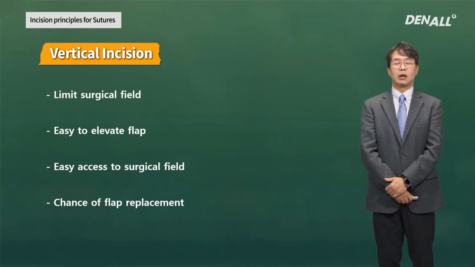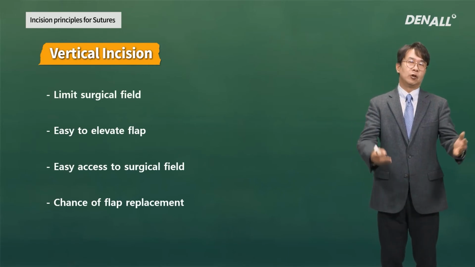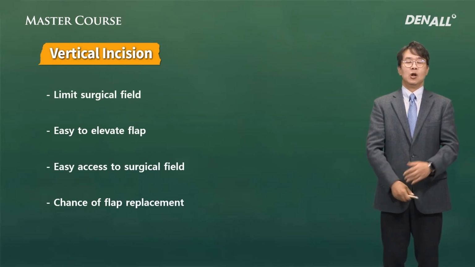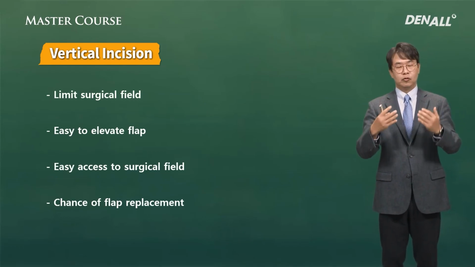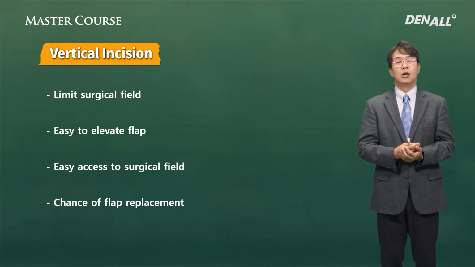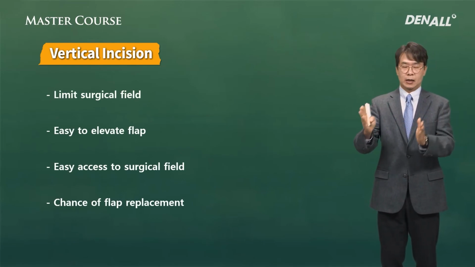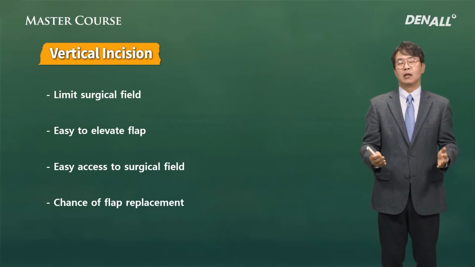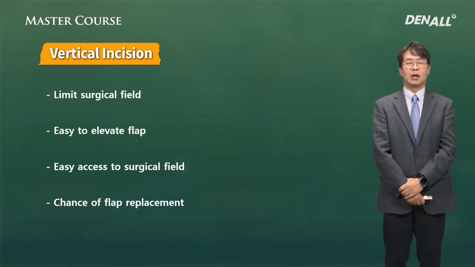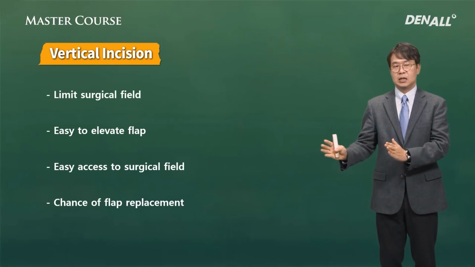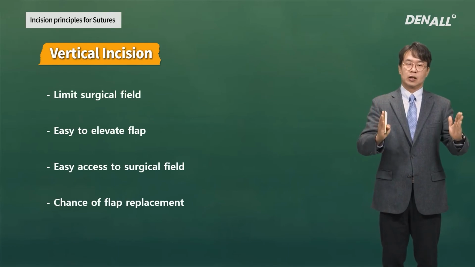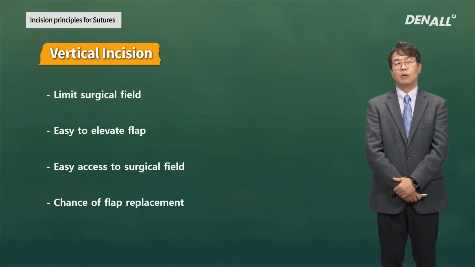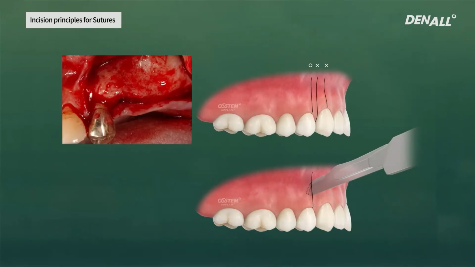When you elevate a flap, this helps. So when you check the surgical field, this can help. There are more advanced approaches, when you position the flap upward or downward, with better procedures that can be used, but without that, this vertical incision can help limit the surgical field.